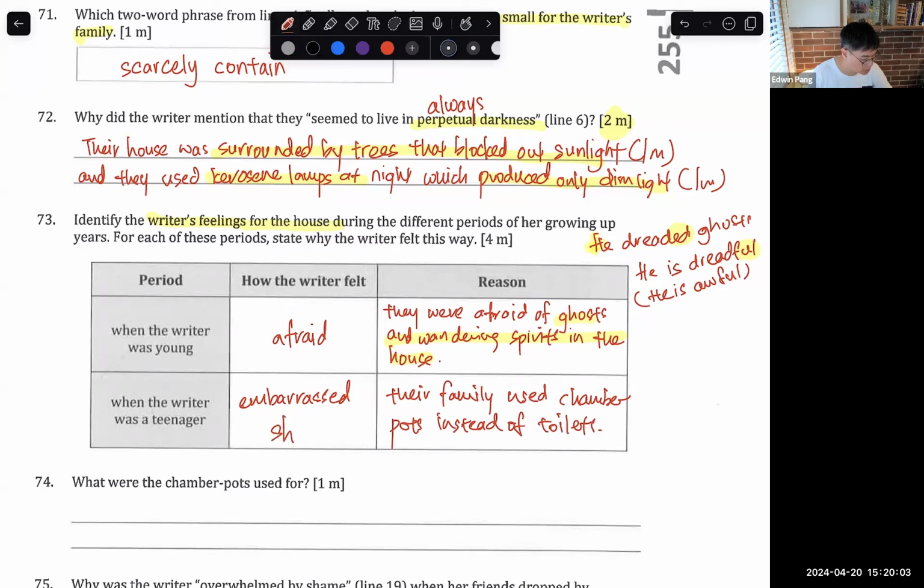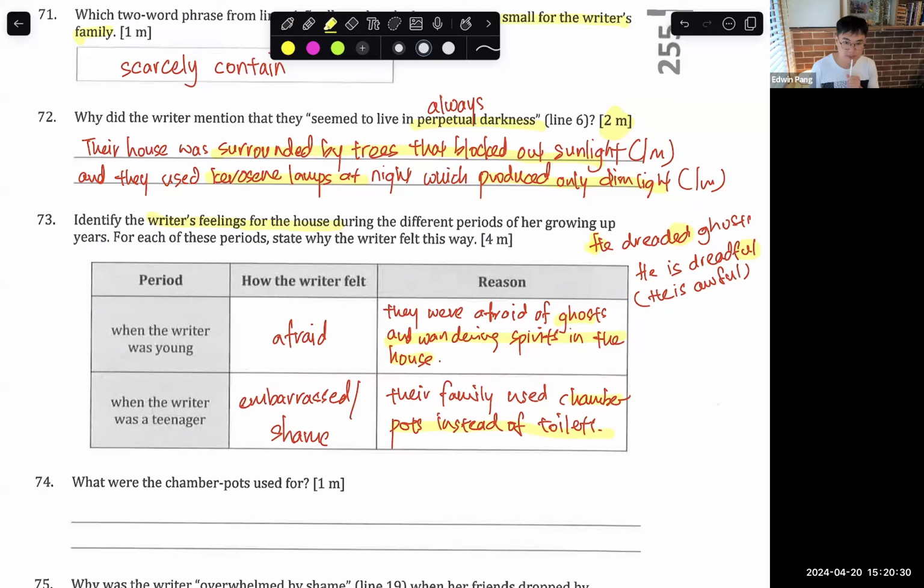You can also put shame if you do not use the word embarrassment. You can use the word shame or ashamed. Okay, shame, ashamed, embarrassed, embarrassment, all of that's okay. Why? Because instead of using normal toilets, they use chamber pots. Okay, so chamber pot instead of toilet. Okay, all good, everybody. You all understand?